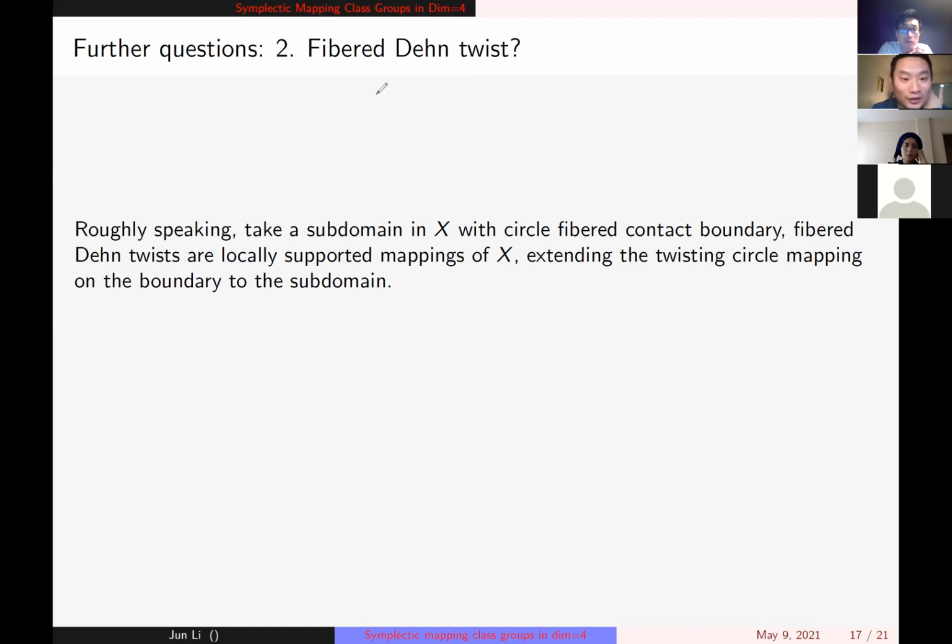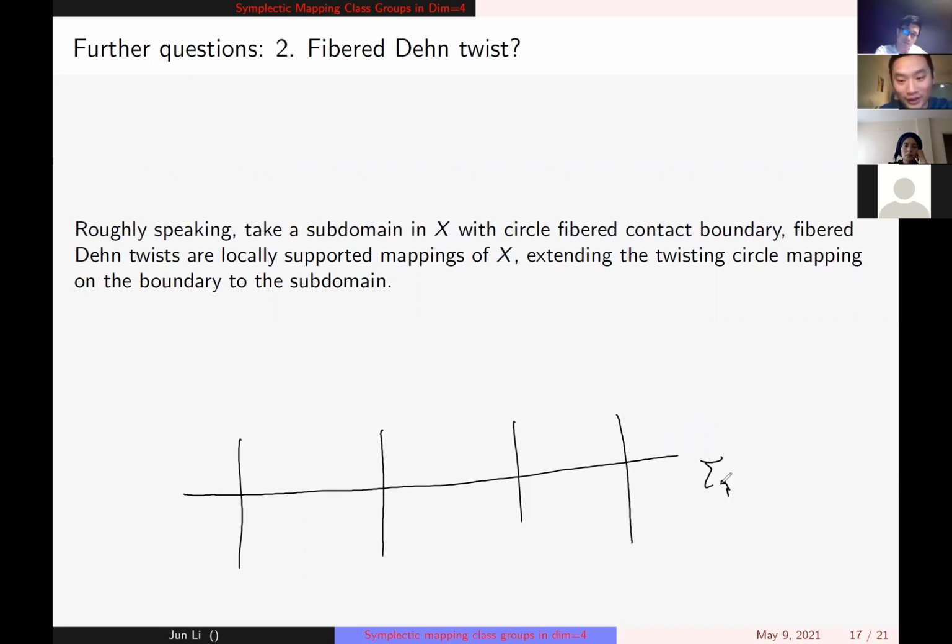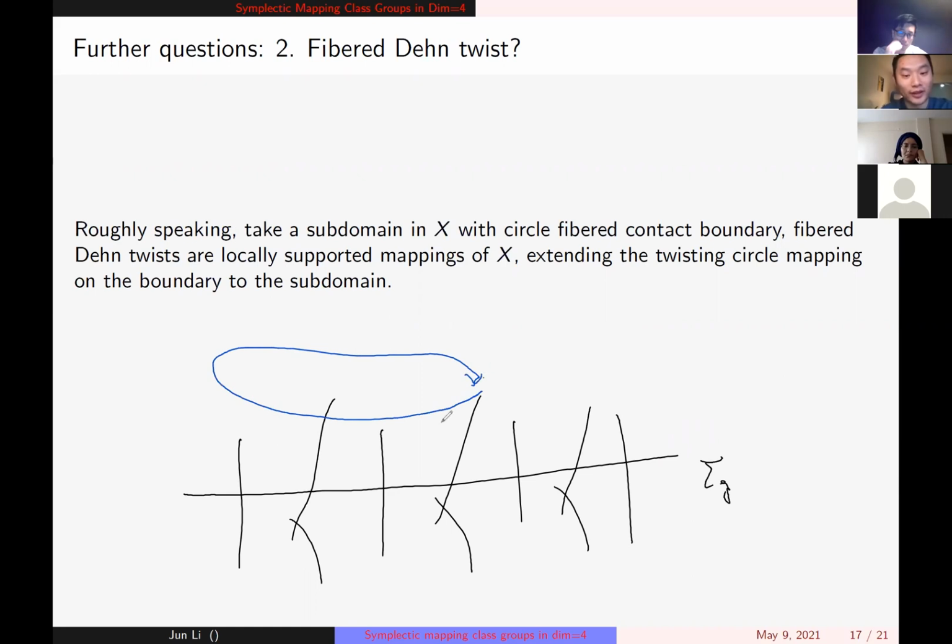Okay, so here is what we propose to attack such a problem. Let's remember we have a Sigma_g, and then we have certain singular fibers, and the maps are given by swapping singular fibers, maybe something like this. That's a loop of foliations.